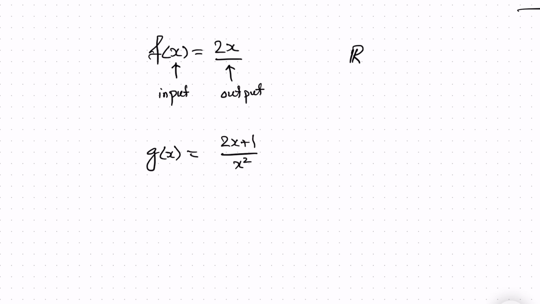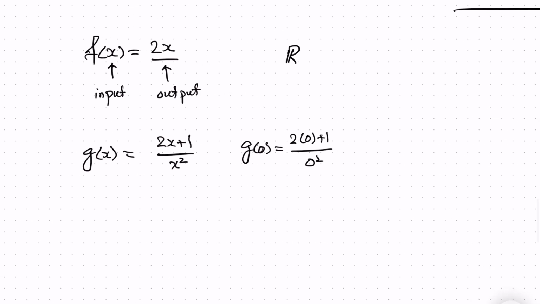Because when we plug in g of 0, this is going to be 2 times 0 plus 1 divided by 0 squared, which is 1 divided by 0. And it blows up.